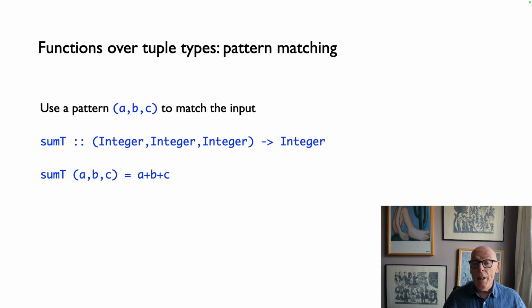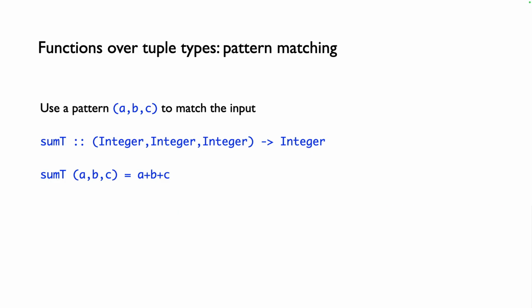So we can say we know that the input will look like a tuple with elements, say, A, B, and C. So we make the input of that shape, the pattern, to match the shape we know that the input has. And so we say sum t of the tuple A, B, C is A plus B plus C.